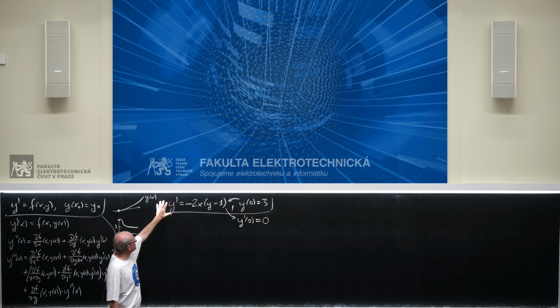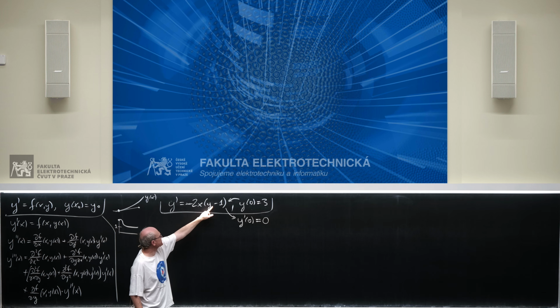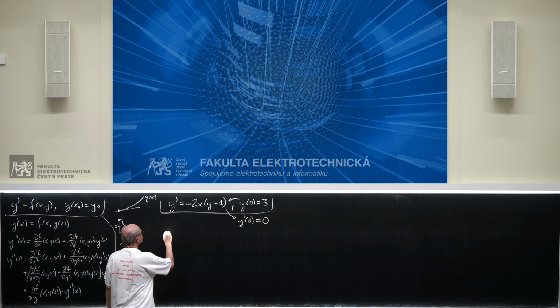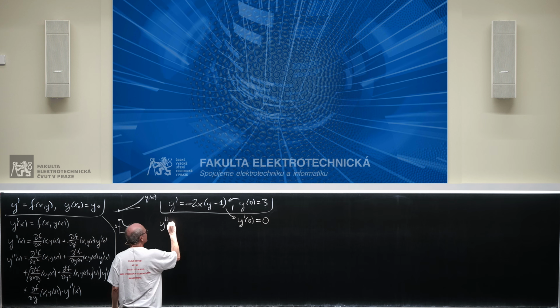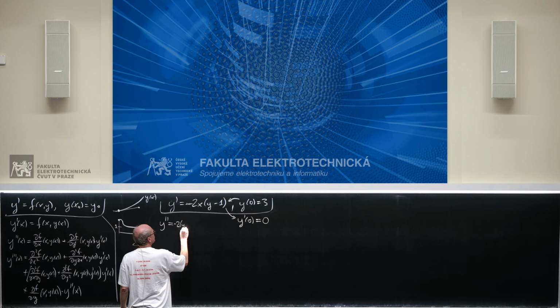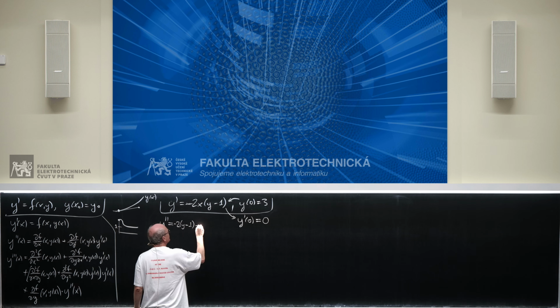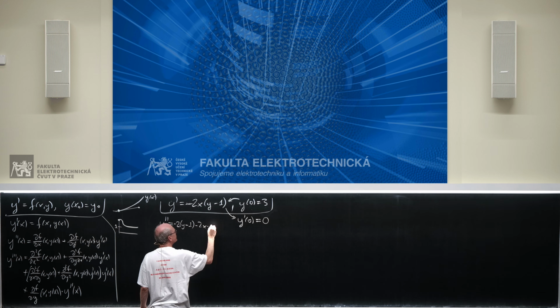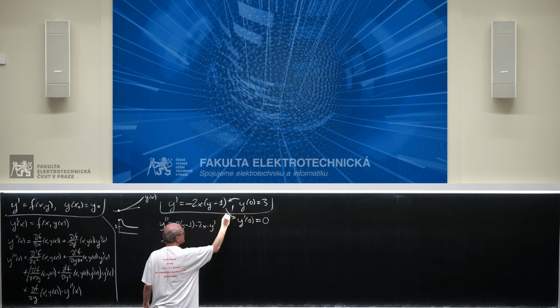Now, I take this formula and I differentiate it with respect to x, and I have to remember that there is x hiding inside y as a variable. So y double prime is, okay, product rule. Negative 2, y minus 1, minus 2x times, and I differentiate the second term, and I get y prime.